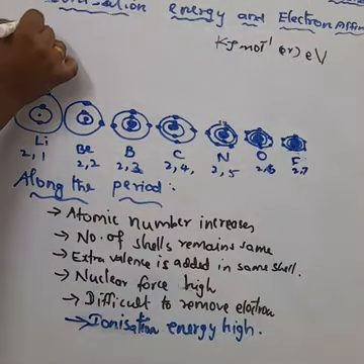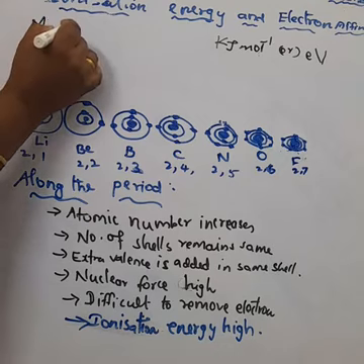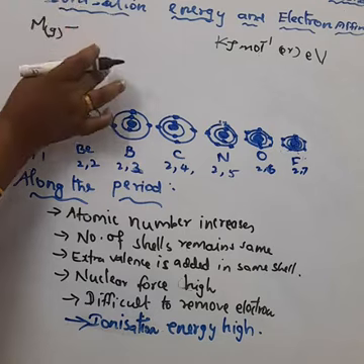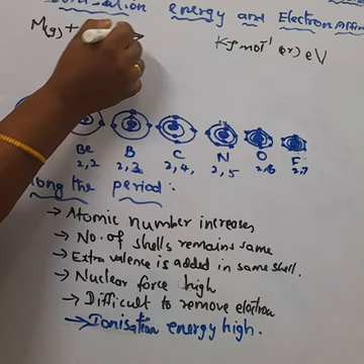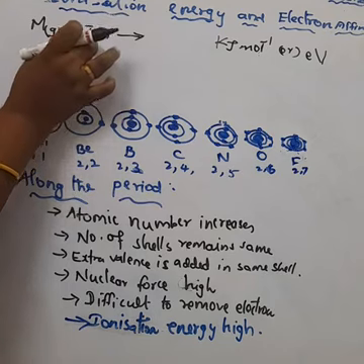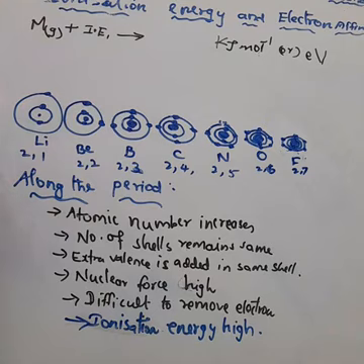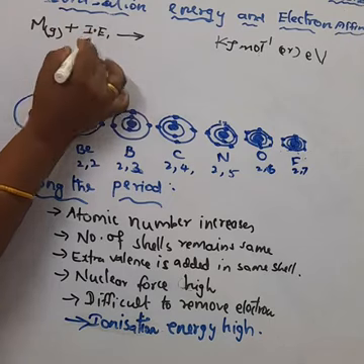Suppose I am taking an atom in its ground state. When we want to remove an electron from this atom, we should give energy, which is called ionization energy. This is the neutral atom. When we want to remove the electron from its ground state, we should give the first ionization energy, IE1.